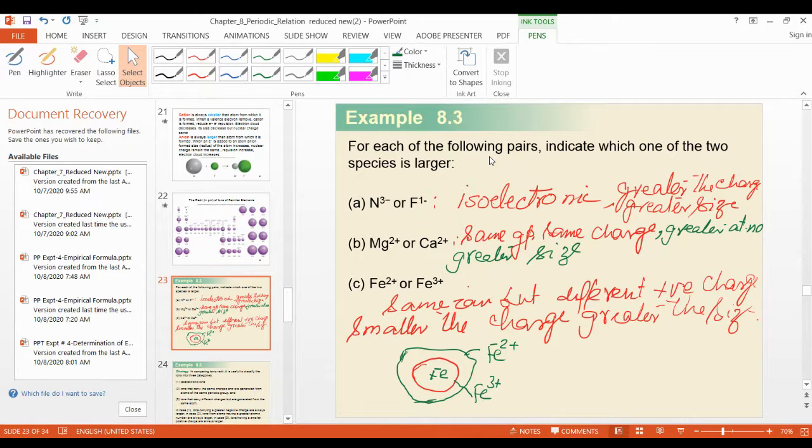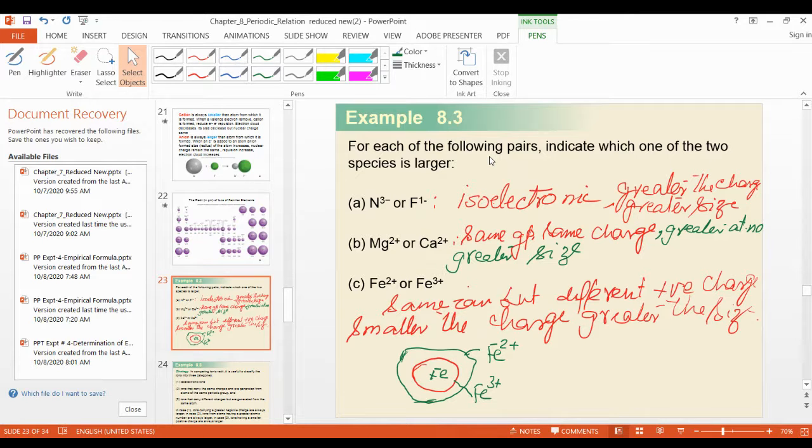And the third one is the same element, but the charges are different. Same element, same atomic number, but different charge, just like I told you, 2 plus and 3 plus. 2 plus means 2 electrons lost and 3 plus means 3 electrons lost. When 3 electrons are lost, the size becomes small compared to losing 2 electrons.